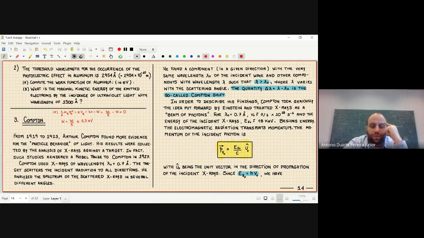Well, the threshold wavelength is this one. So if I choose a wavelength that is smaller than this, then I will see the photoelectric effect occurring. So this is compatible. And now the maximum kinetic energy is precisely this quantity here. This is the quantity I want to compute.